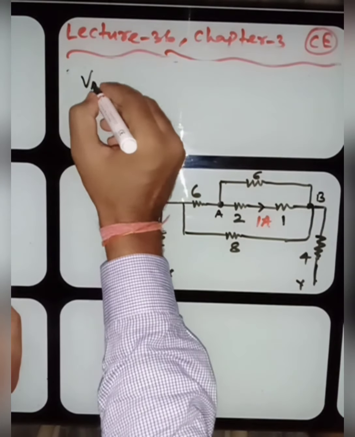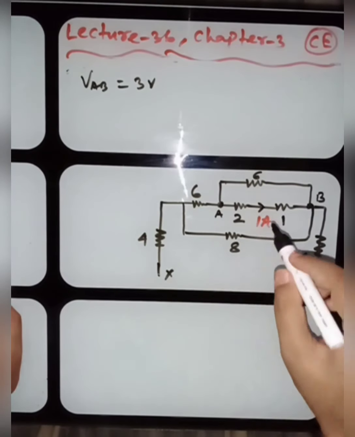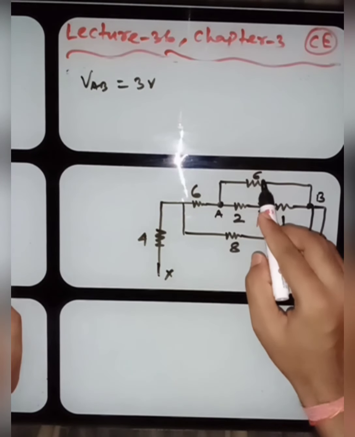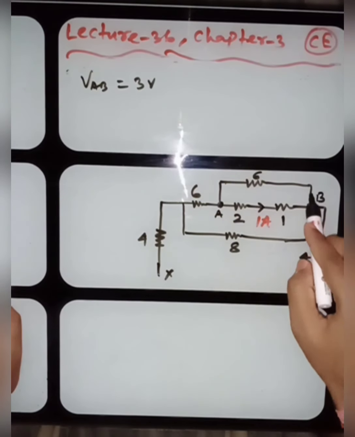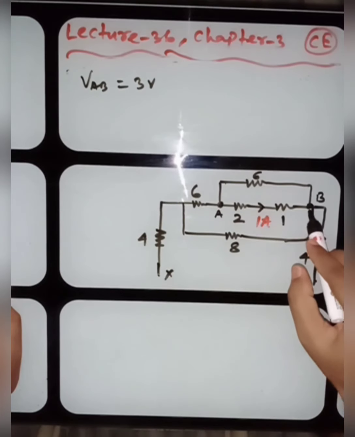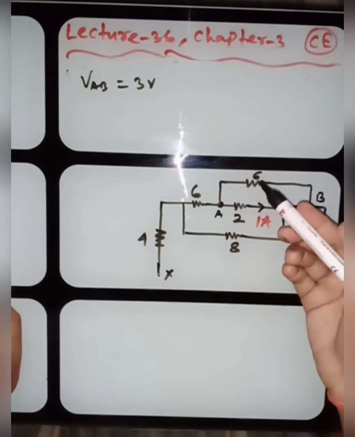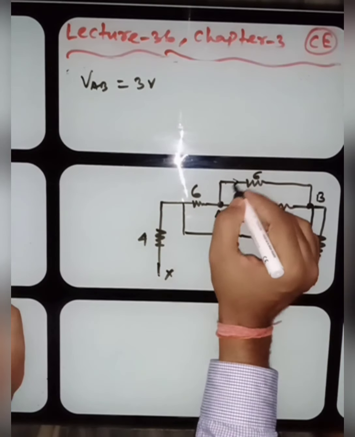If VAB is 3 volt, then what will be the potential across this 6 ohm here? It is also a resistor having the 2 terminals, same A and B, so it will have 3 volt again. What will be the current across this one?